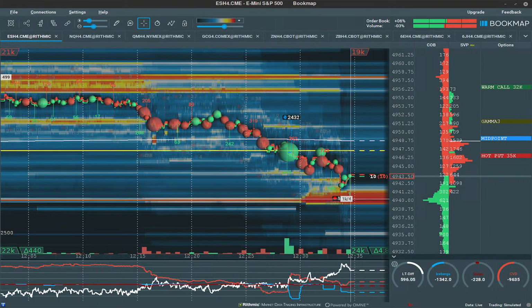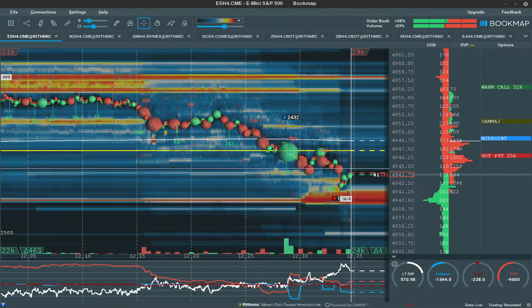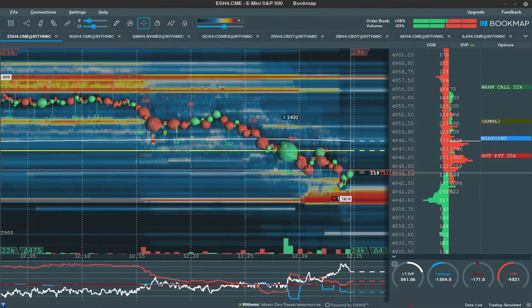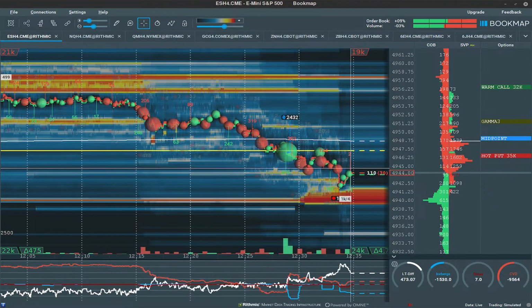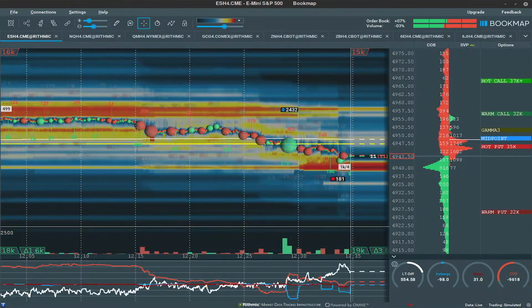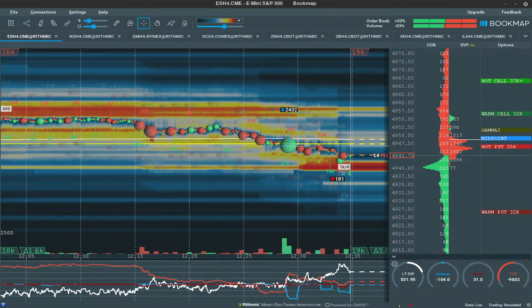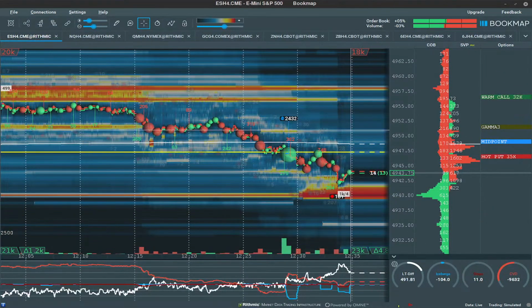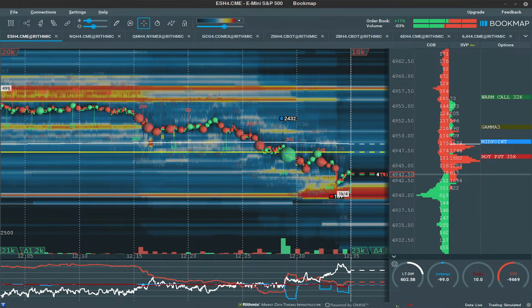And if we break below 49.40 with all this liquidity down here, I think that does give the sellers a little bit more determination to try to push this thing lower. And again, looking at that warm put around 49.26, if that happens, is the next downside. So that would be juicy. That would be another 14 handles lower.